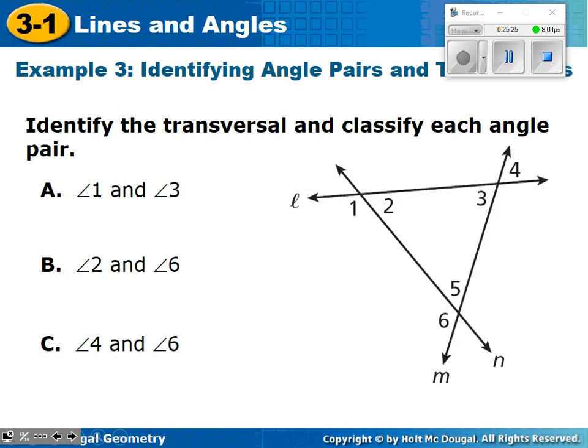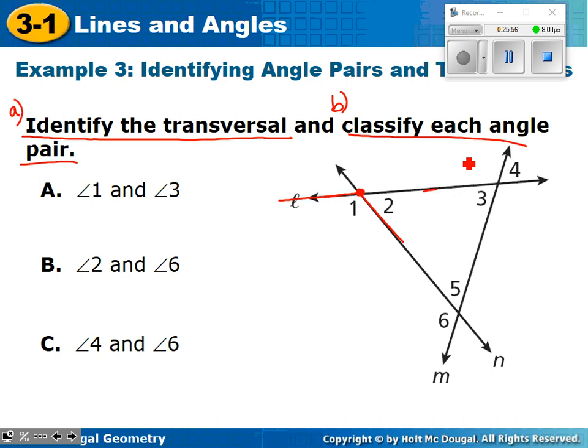For example, they're giving you a specific angle pair. They want you to, part A, identify which line is the transversal for that angle pair, and then part B, classify the angle pair. Is it corresponding, alternate interior, alternate exterior, same side interior, same side exterior? So if you're not sure when you look at angles 1 and 3 about which line's the transversal, then look at angle 1, pick out its vertex.